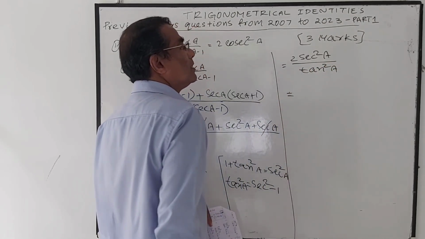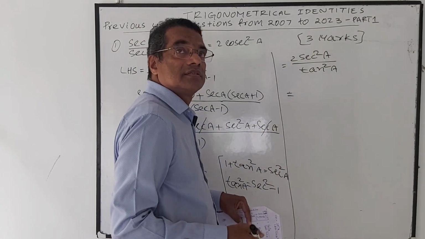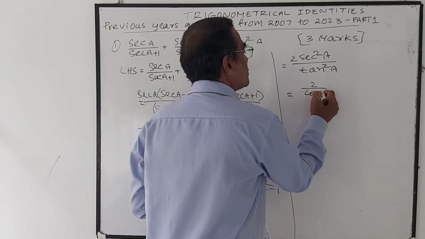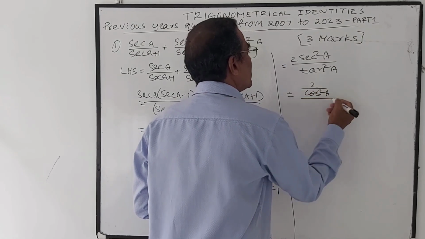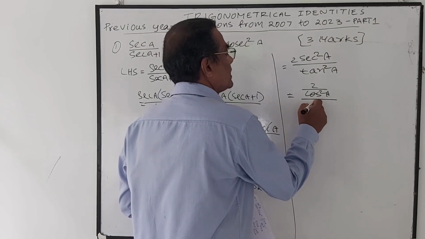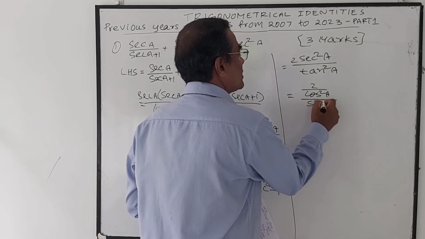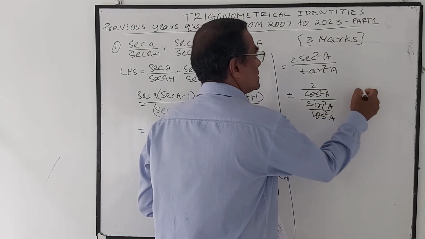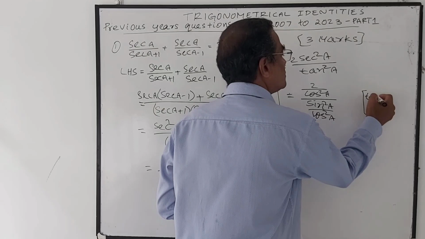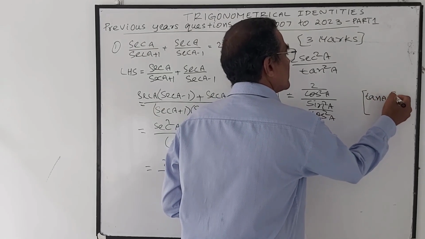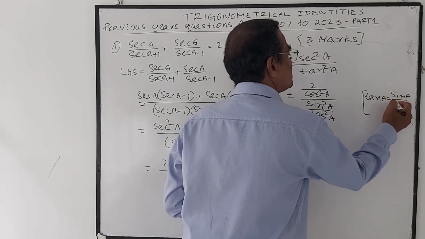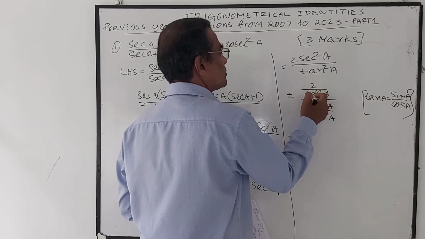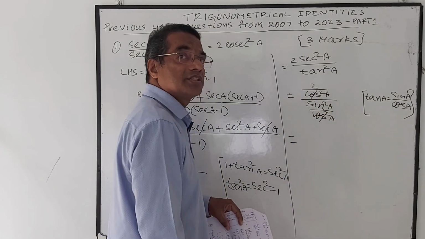Equal to, now take reciprocal of cosec, that is sin. So it is 2 by sin square A divided by cot square A, which is cos square A by sin square A, since cot A equal to cos A by sin A. Equal to this, sin square A divided by sin square A, that is 1.